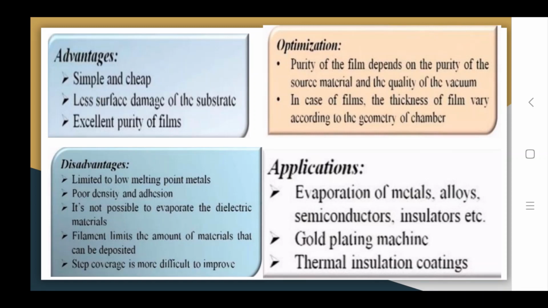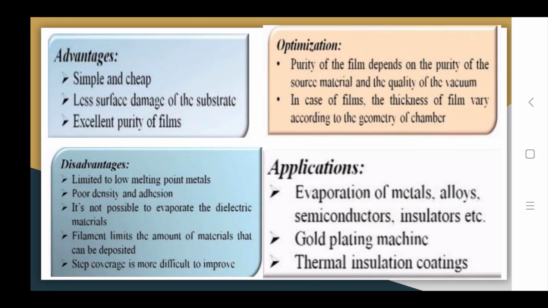Okay, then there are certain kinds of disadvantages also. So it is limited to low melting point metals, with poor density and adhesion, because we are giving a certain heat to a particular material, and if the melting point of that precursor material is too high, then it is very difficult to make it into the vapor form. And not only that, the gas is coming directly onto the substrate, so it depends upon the surface chemistry of that particular target metal.